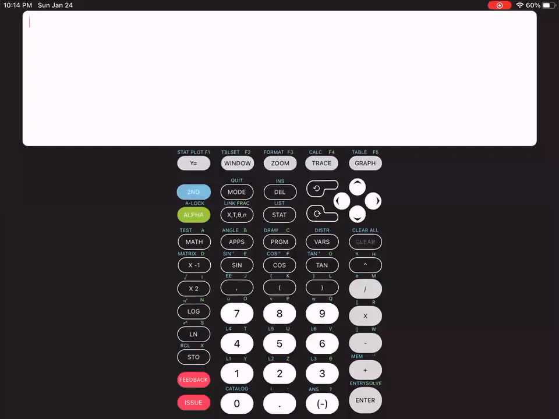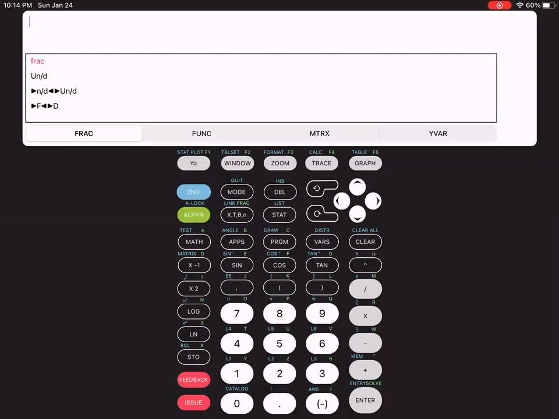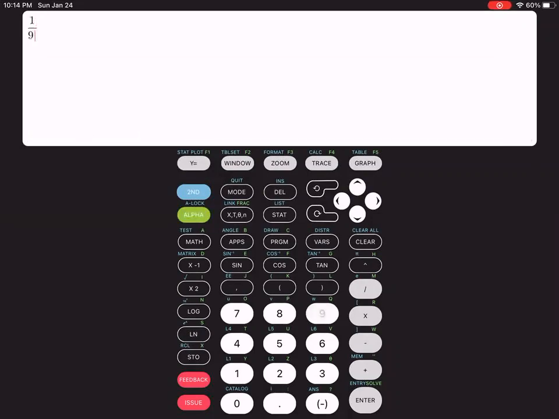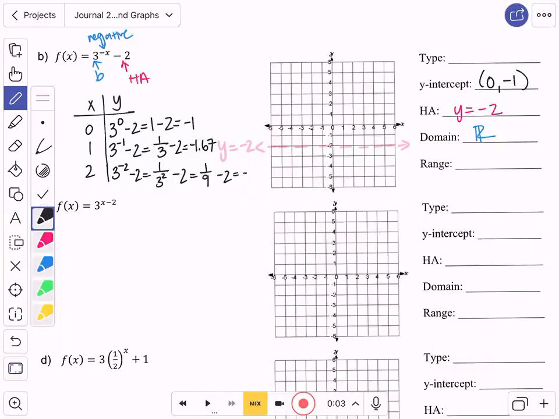So I can do fractions on the calculator by hitting alpha, y equals, and then hit enter. 1 over 9 minus 2 is going to give me negative 1.89. So going back, this is negative 1.89 if I round to 2 decimal places.